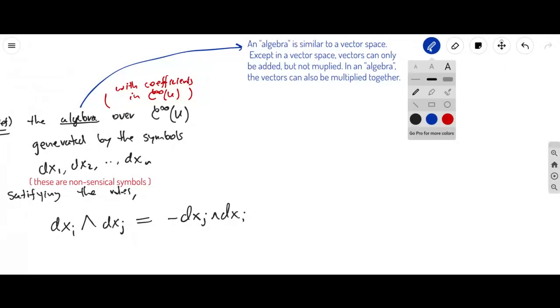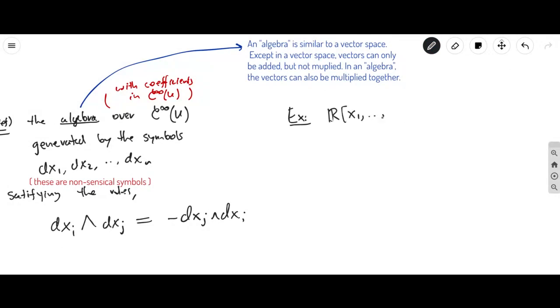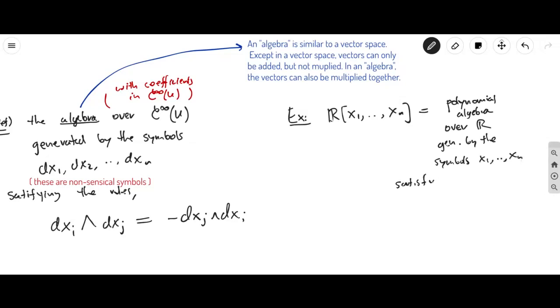Now, maybe to give you a very simple example of an algebra, R[x1, ..., xn], this is the polynomial algebra over the real numbers generated by the symbols x1 to xn, satisfying the rules that if you take xi and you multiply it by xj, that's the same thing as xj multiplied by xi.